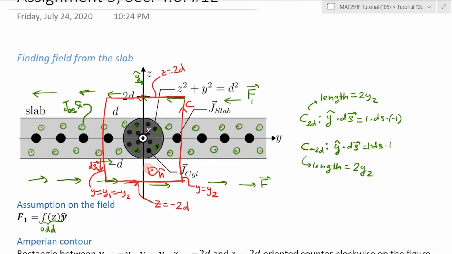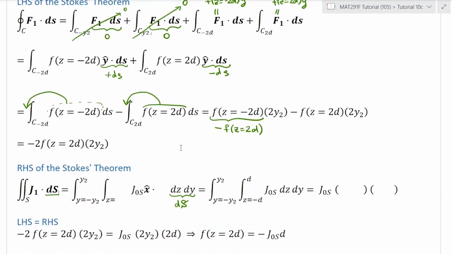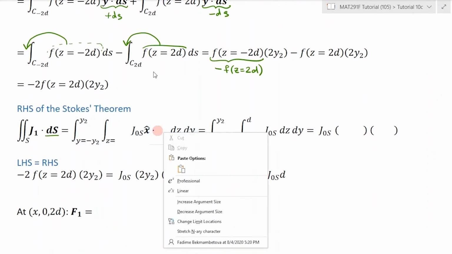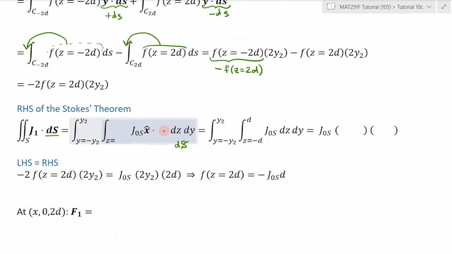We've determined that, by the right-hand rule, we want n hat to be in the direction of x hat. So the direction part of this ds is x hat. So this whole thing would be ds as a vector.